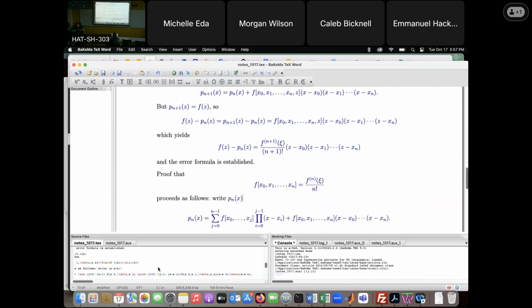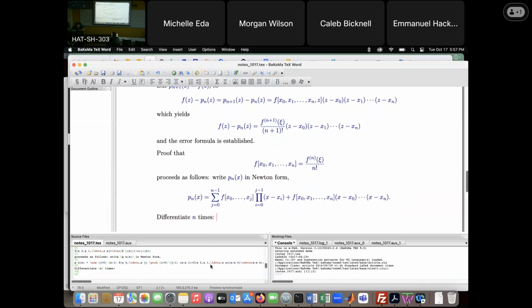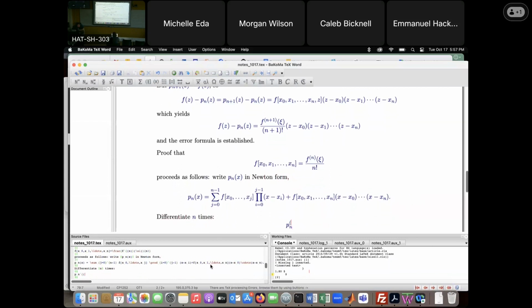X in Newton form. Okay. Then what I'm going to do is take an nth derivative of this. Nth derivative x.